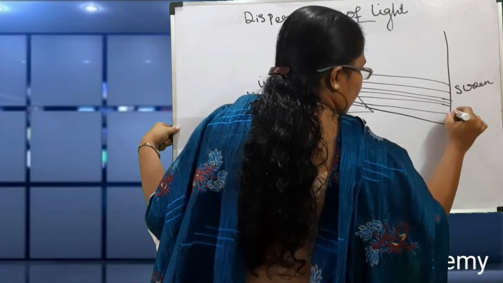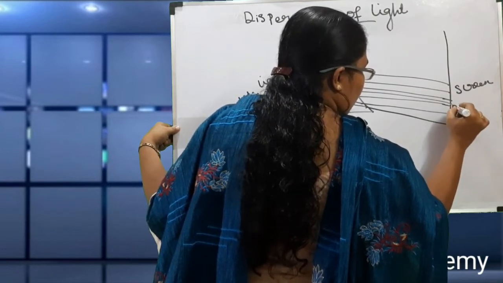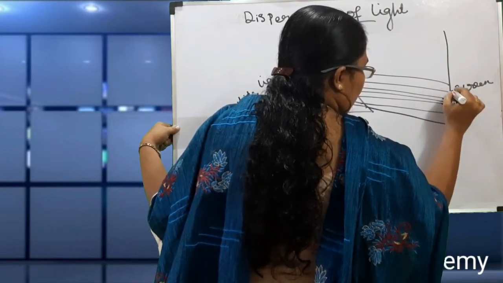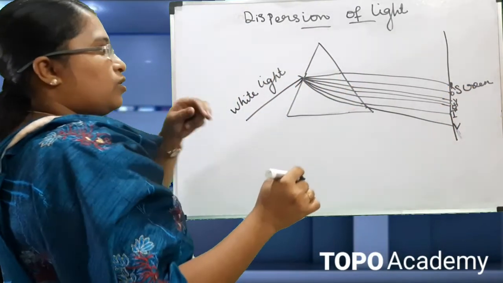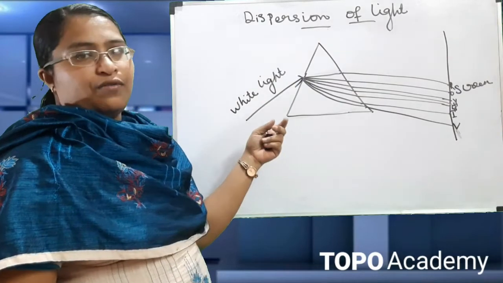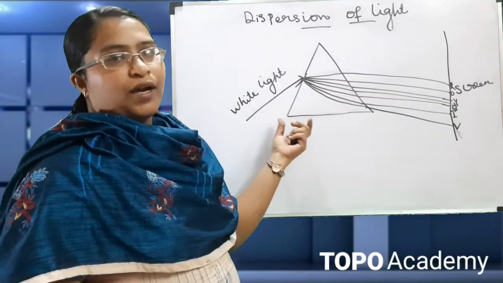This is violet, this is indigo, blue, green, yellow, orange and red. So these are the 7 colors when he passed the white light through the glass prism.